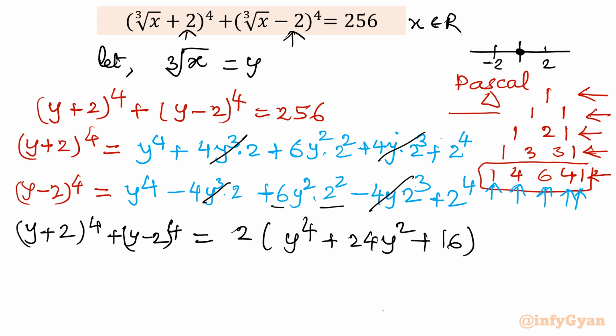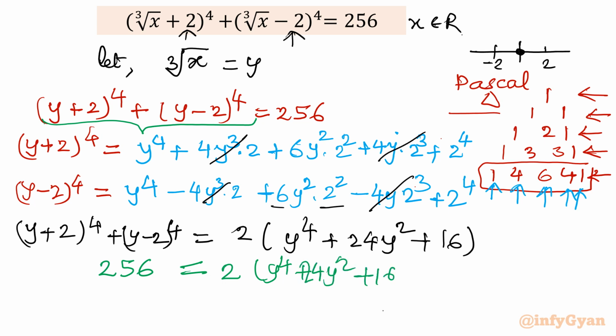On the RHS I am going to write the value, that is 256. As you can see, this is 256. So 256 equal to 2y power 4 plus 24y square plus 16.